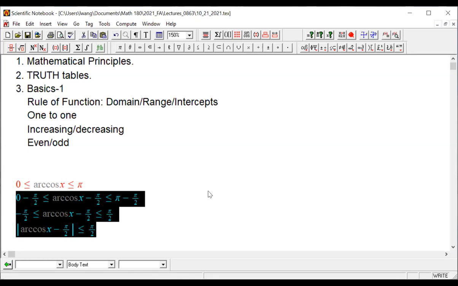You have some mathematical principles, truth tables to understand, one-to-one functions, increasing, decreasing, even, odd functions, just these concepts you need to understand. And of course, function is a big definition, which I think is not addressed enough. So I want to address that, and I've been addressing that throughout the course I've been teaching.